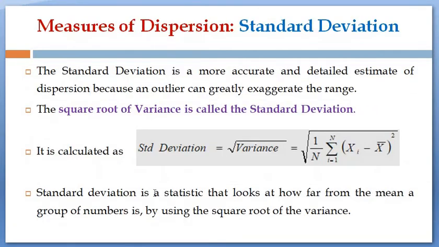It is then square rooted to give us the standard deviation. Standard deviation is a statistic that looks at how far from the mean a group of numbers is, by using the square root of the variance. It is again a type of dispersion, so it tells you how our data point is located from the mean value.